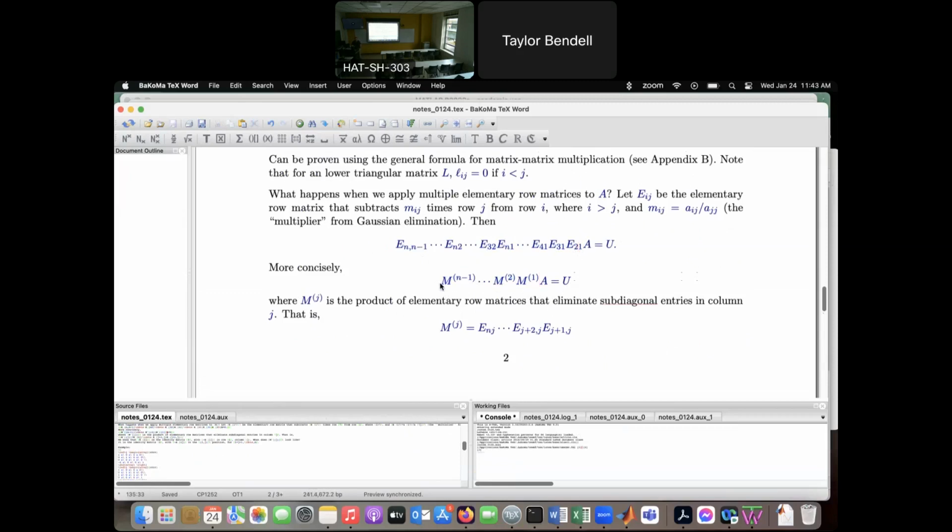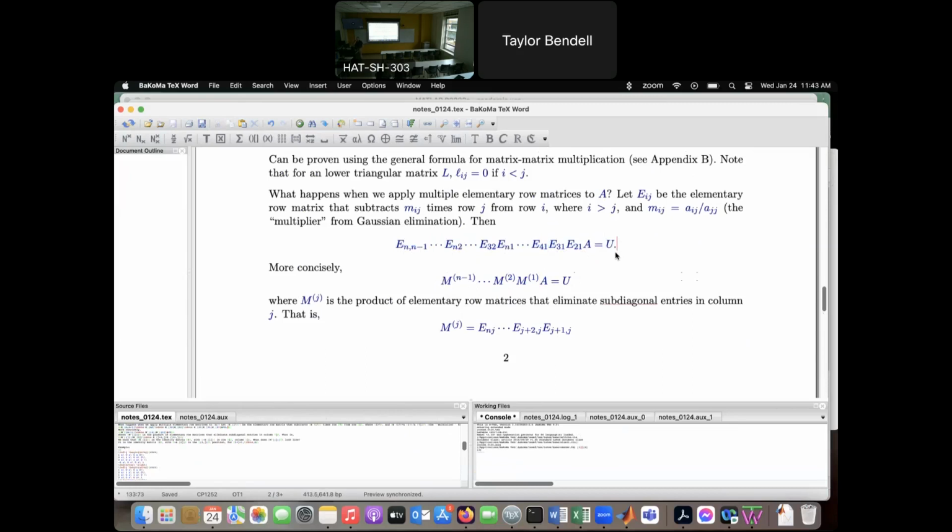Because we know what the inverses of each of these individually look like, and we also know what happens when we multiply all those inverses together, that ends up being a unit lower triangular matrix. So the LU decomposition comes about from taking this equation and moving all the elementary row matrices to the other side, so that you have A equals something, and we can work out what that something is.